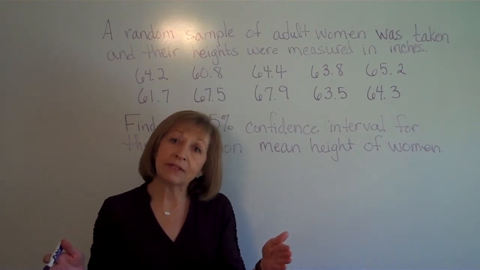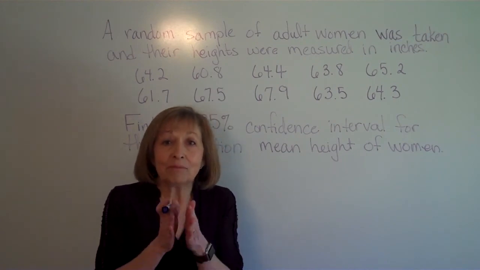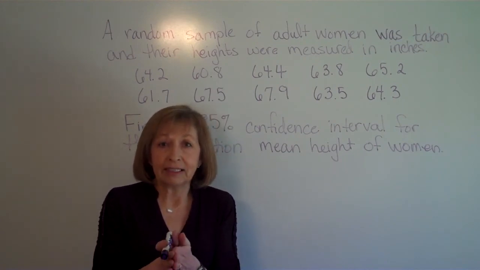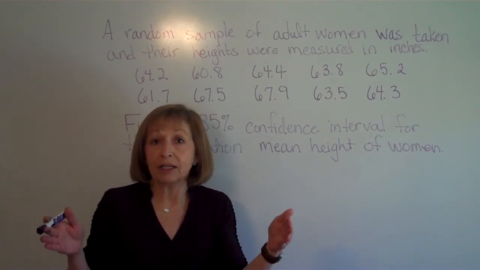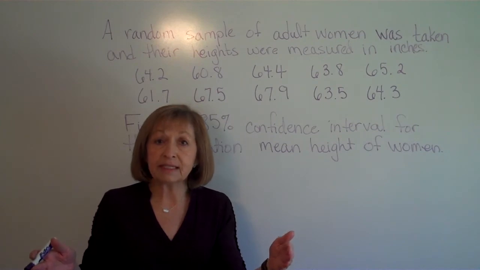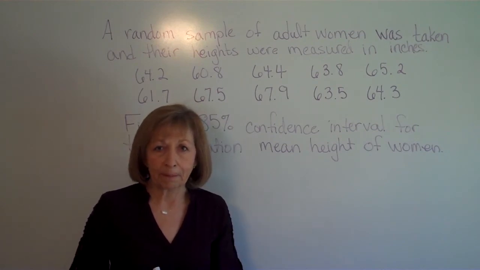So when we're doing a confidence interval for the population mean, the point estimate is in the middle of the interval, and then we subtract and add to get our interval of values, and then we state what percent we did that confidence interval for.